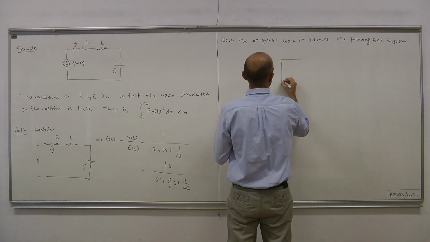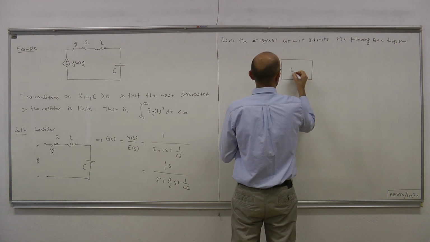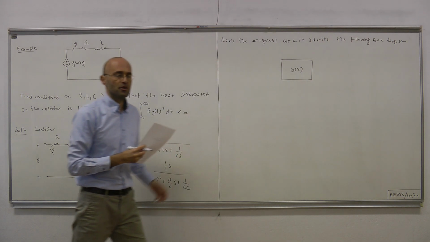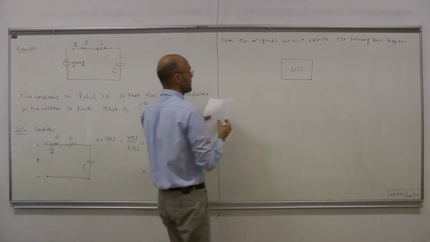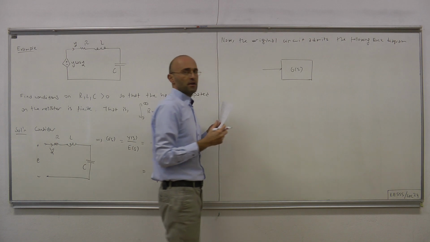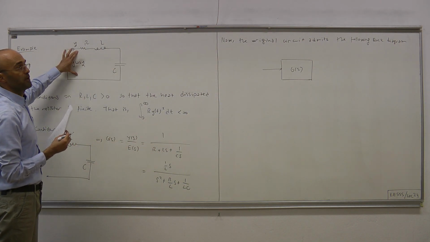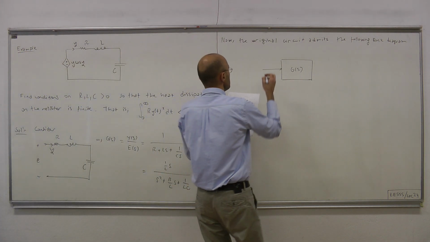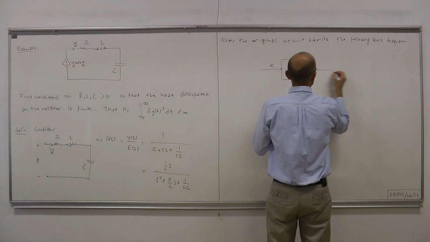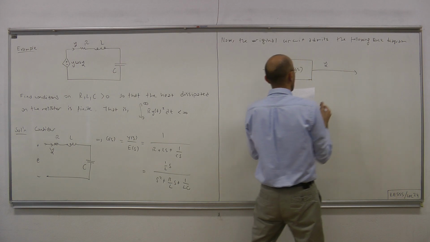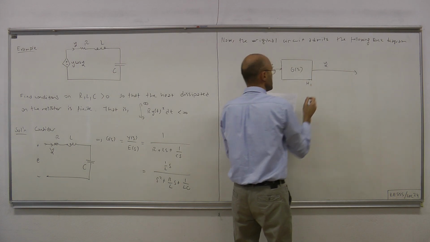We have here the transfer function that we have just computed. The input to that subsystem is the voltage that appears here, E, and the output is the current, which we're calling Y. Let's call this subsystem H1.